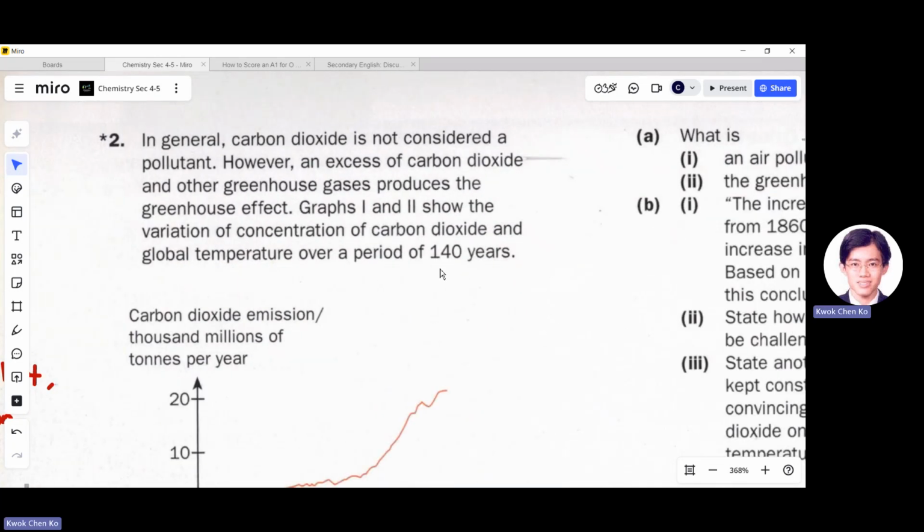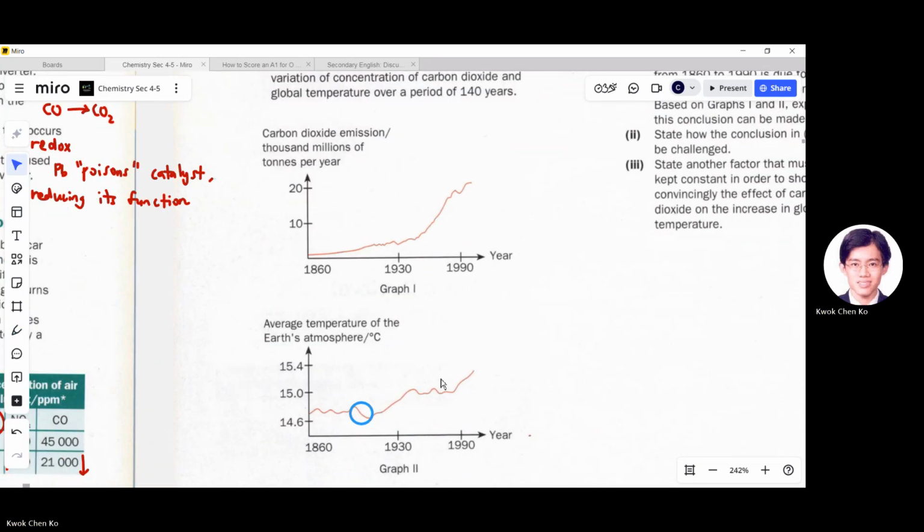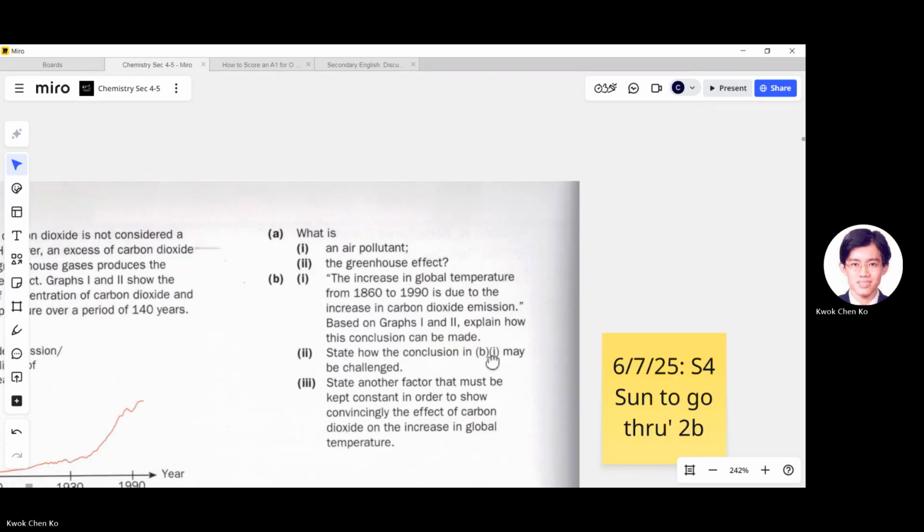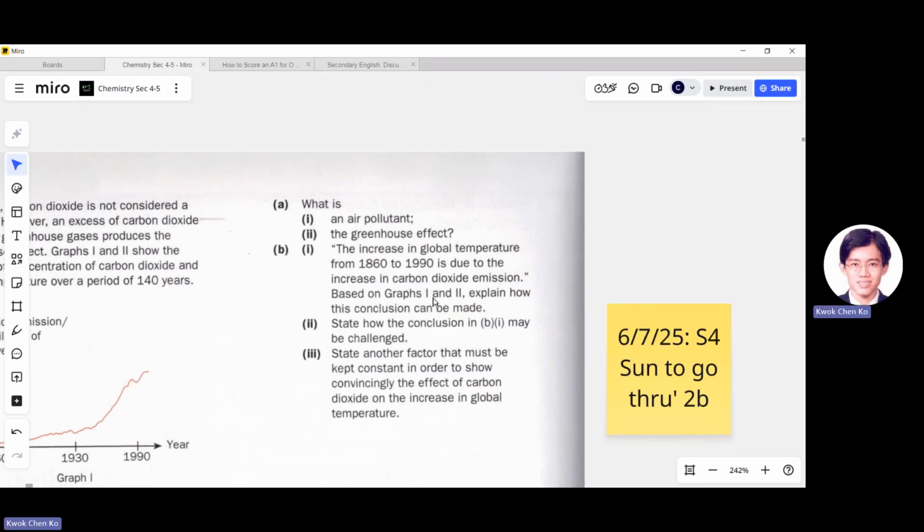Number 2 is an unusual question. It may or may not come up again. Okay, A. Sabrina, what is an air pollutant? Unwanted and harmful.